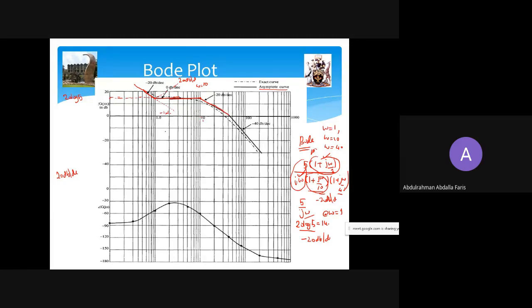This is 10, 10, 20, 30, 40. At this point, this 40, we have another pole, which is also minus 20 dB. So minus 20 and minus 20 will have a minus 40 dB. And this will go on because we don't have any other frequency.